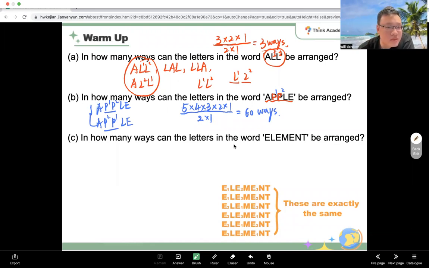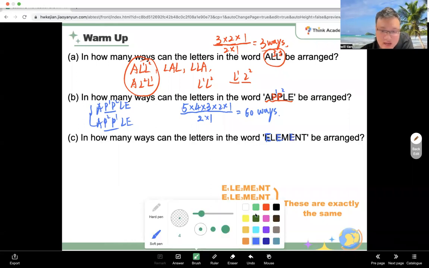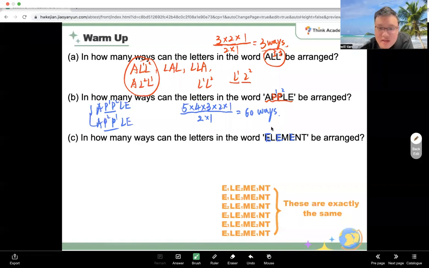Okay. So last one, let's see, element. For element, you have 3 E's there, E, E, and E. To use this method, guys, we can treat these 3 E's all as different firstly. So E1, E2, and E3.